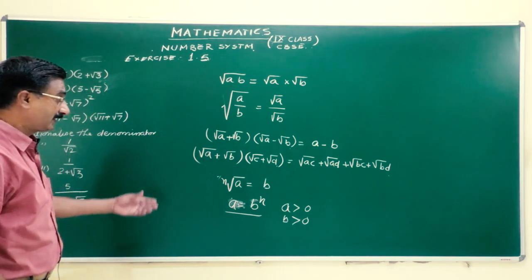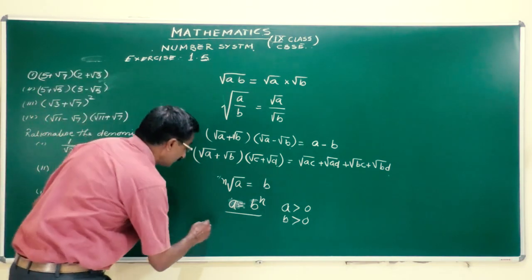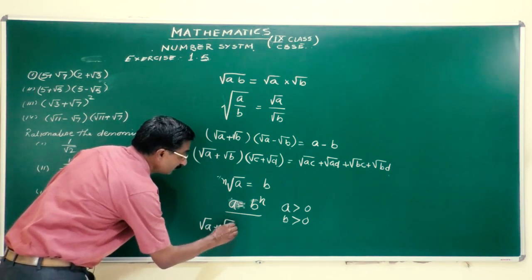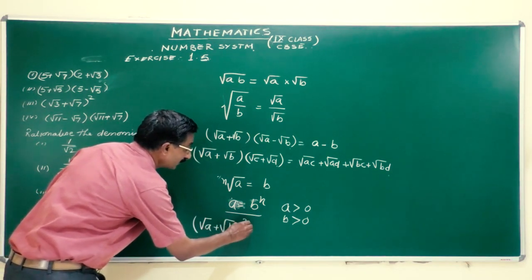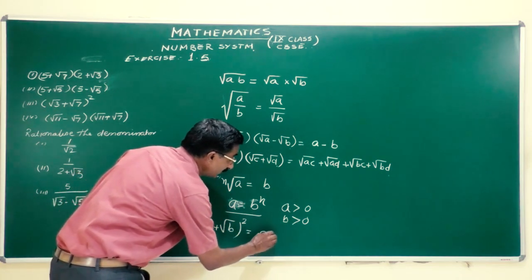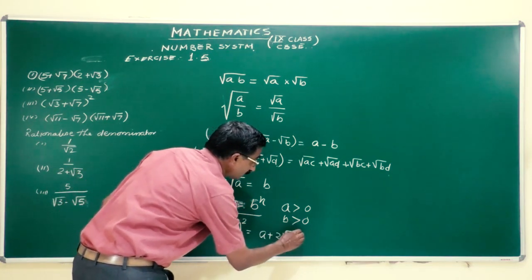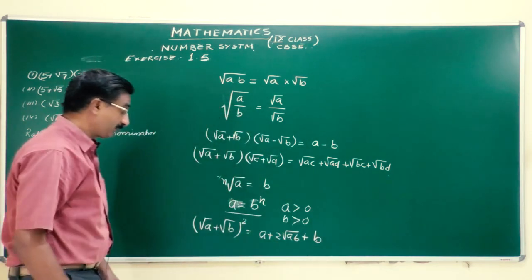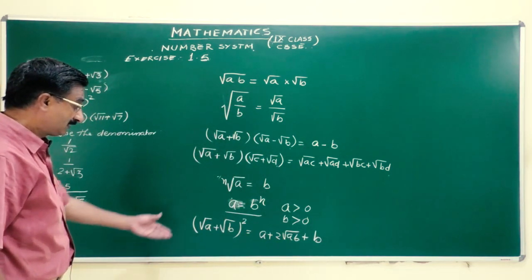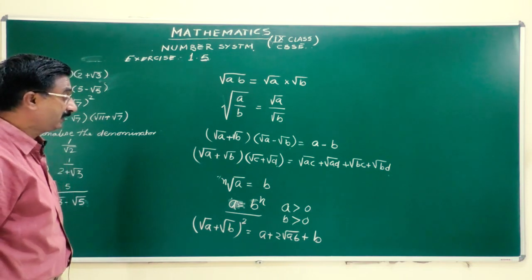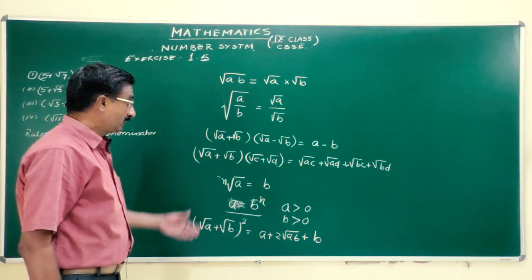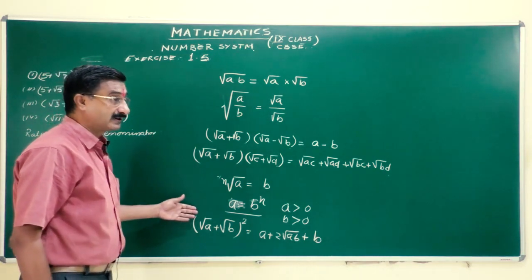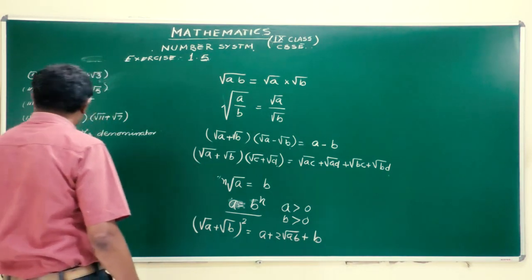So these are a few identities. One more identity: root A plus root B whole square is equal to A plus 2 root AB plus B. Similarly, root A minus root B whole square. So we have all these identities.